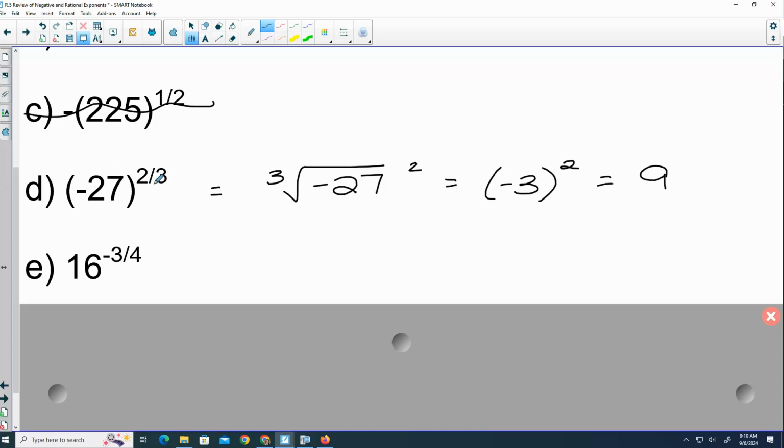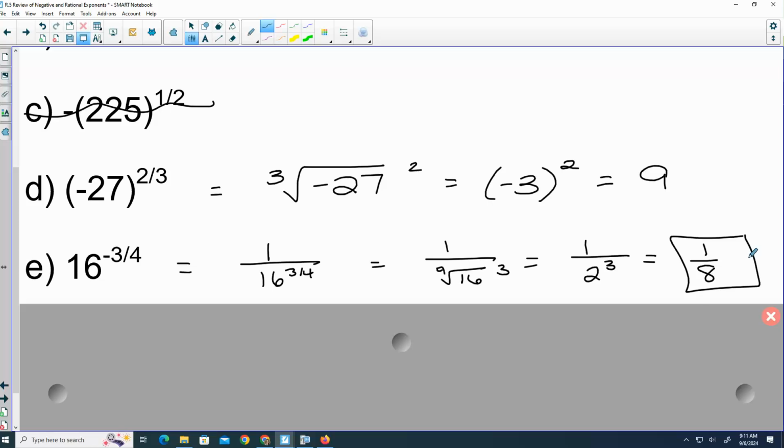So you have to watch. Is my negative out in front of the number, or is it in the exponent? If it's in the exponent, that just moves it to the bottom. Okay, a 3/4 power means we have the 4th root of 16 cubed. What is the 4th root of 16? And 2 to the 3rd is 8, so we get 1/8.